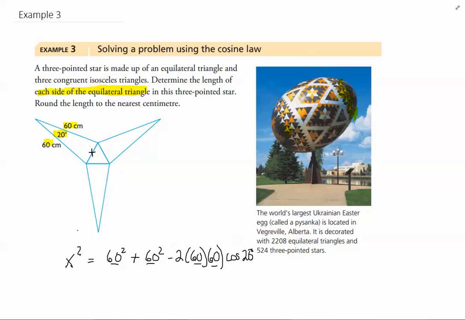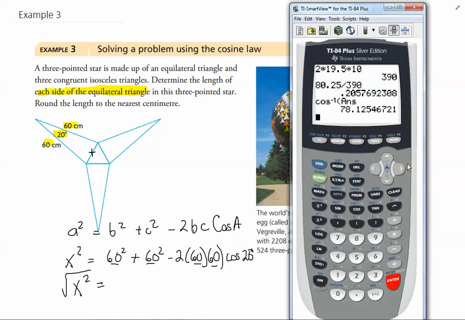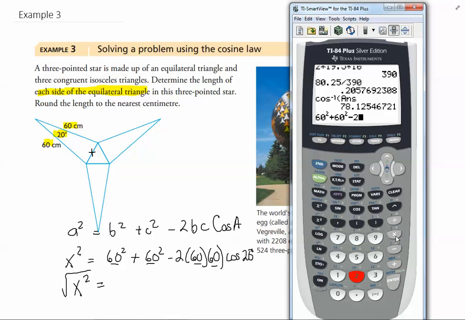And if you need to, we'll go a squared is equal to b squared plus c squared minus 2bc times the cosine of a. And you can see how it just fits in. Let's calculate this on our calculator, and remember we're going to take the square root. So I take 60 squared plus 60 squared minus 2 times 60 times 60 times the cosine of 20 degrees.